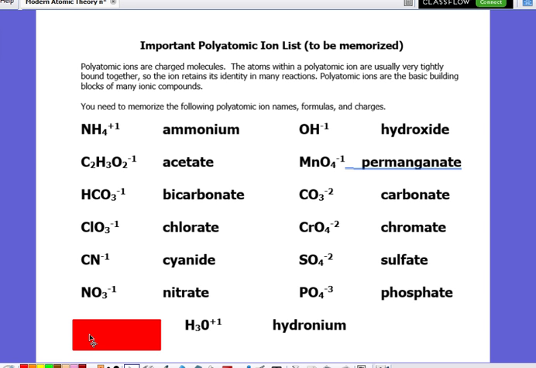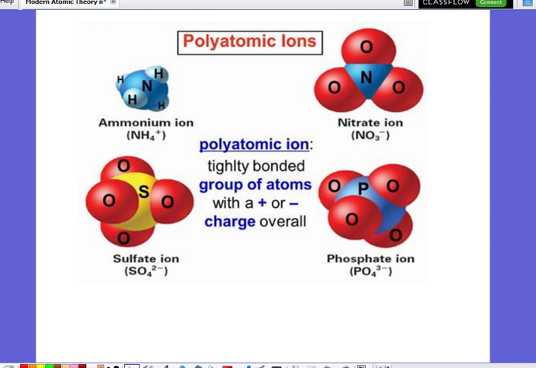So what the heck is a polyatomic ion? A polyatomic ion is a group of atoms that are bonded together and they have a charge, and they're common groups of elements that we see all throughout nature. Your genetic code is made of sulfates and phosphates. You're eating nitrates.